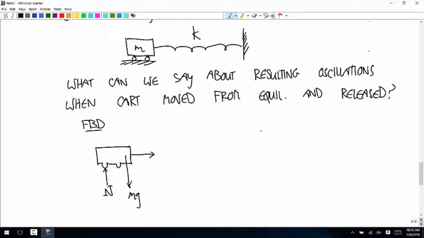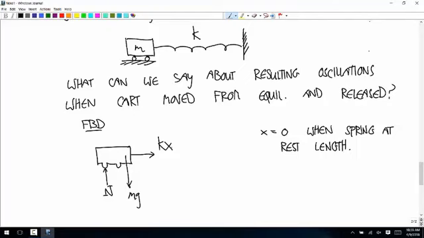And if we say x equals 0, the cart's at x equals 0 when the spring's at its resting length. We have to think about the direction. So we're going to have a magnitude of kx. We know that much about springs. And then we have to think about the sign.